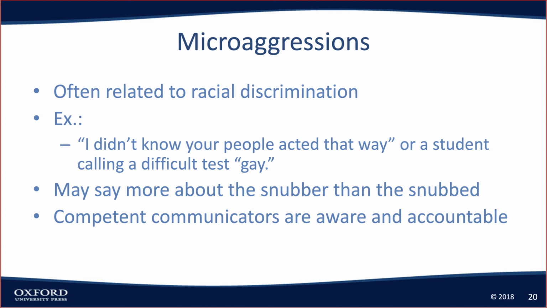So a competent communicator is aware of their own, possibly even unintentional, microaggressions. And if somebody calls you out on it and says, you rolled your eyes when I said this, you have to be open and say, wow, I wasn't aware of that. Now that I'm aware, I need to work on it. So that's why they say you need to be aware and accountable.